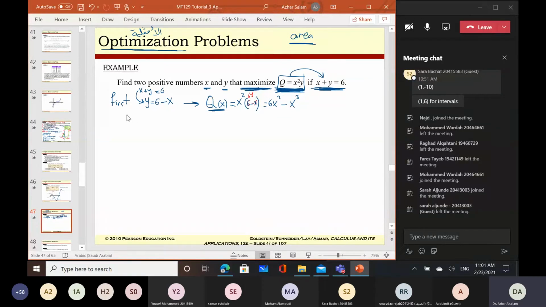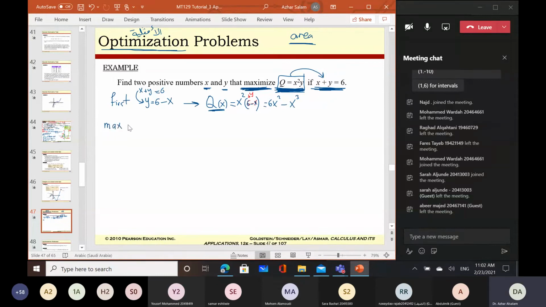Now to find the maximum of this value, I will find the derivative. The maximum of Q of x, I will find the derivative of Q. The derivative, I just differentiate this function, which is 12x minus 3x squared. Again, to find the maximum, I find the critical point. I find the zeros of the first derivative.